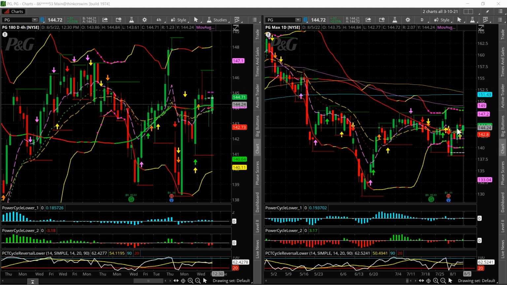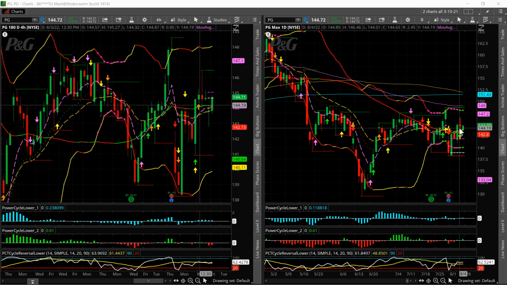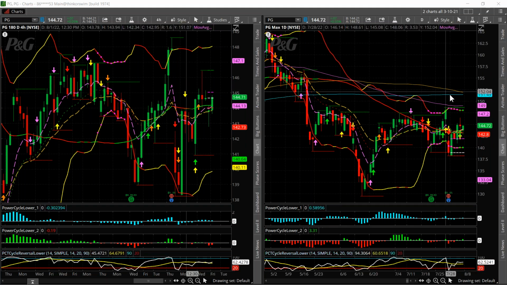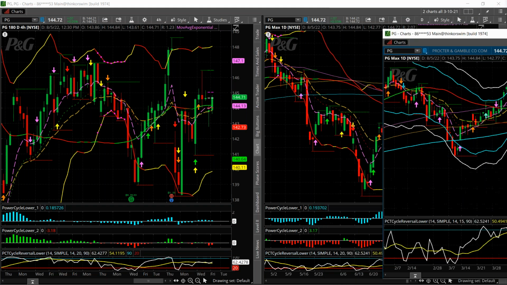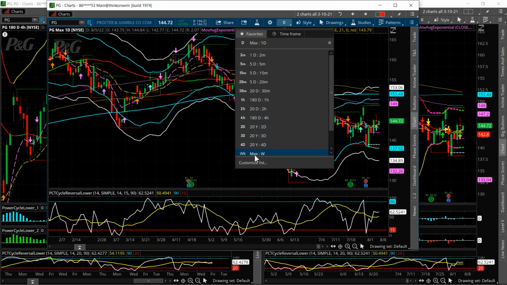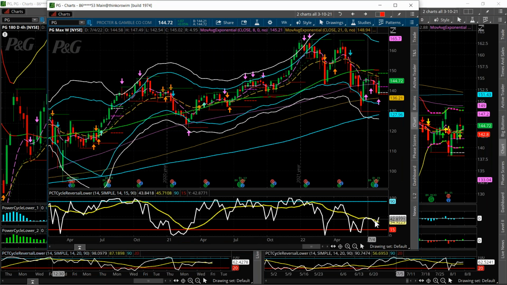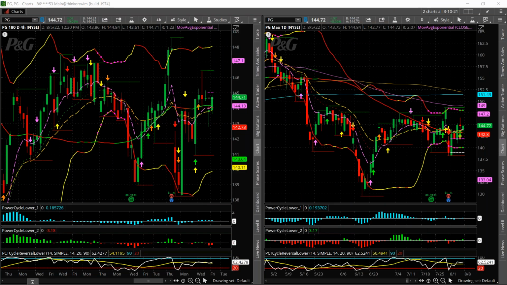Procter and Gamble, you can see here that a squeeze triggered up, went back into the squeeze. So this has potential. You can see there is a lot of overhead resistance, but then we look at the weekly time frame here on Procter and Gamble real quick. So the weekly cycle trend has shifted back up. So that might be one to look at.